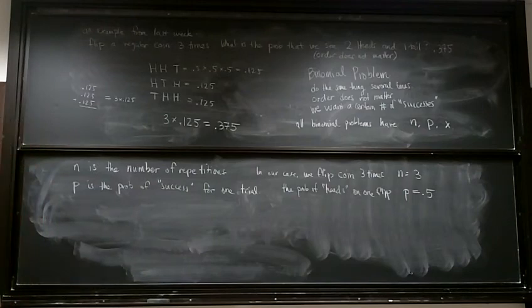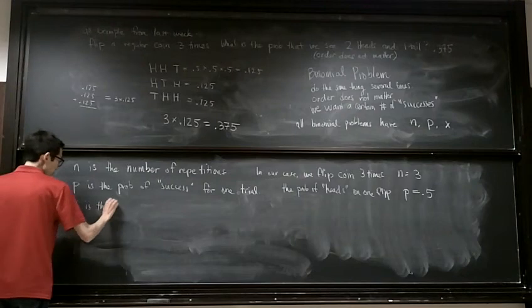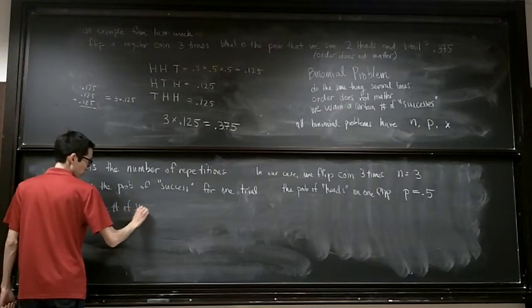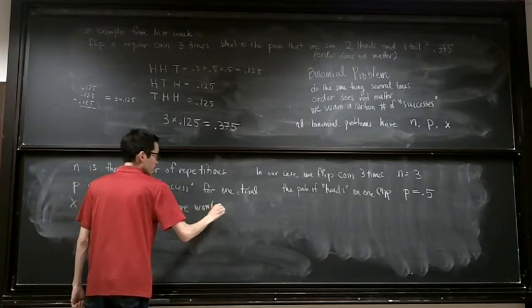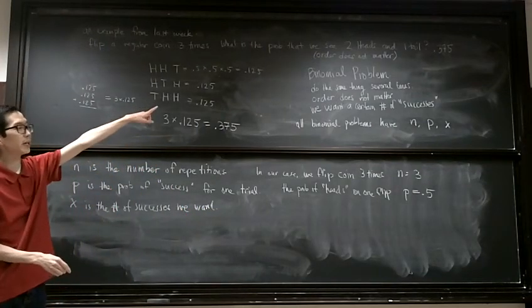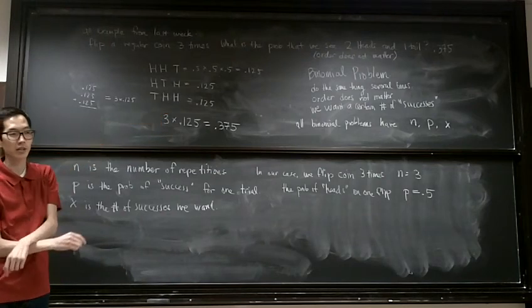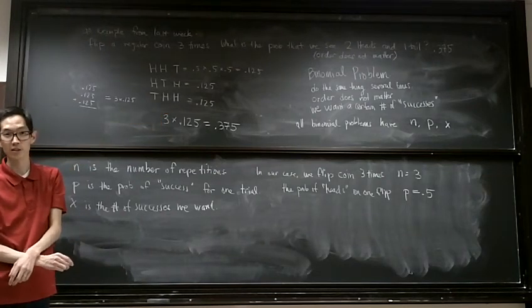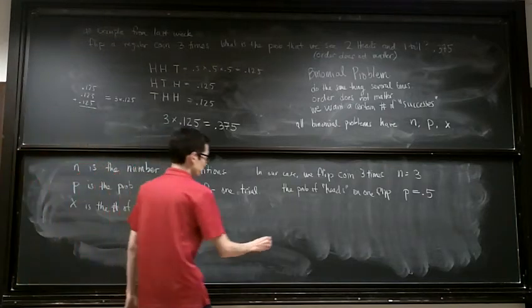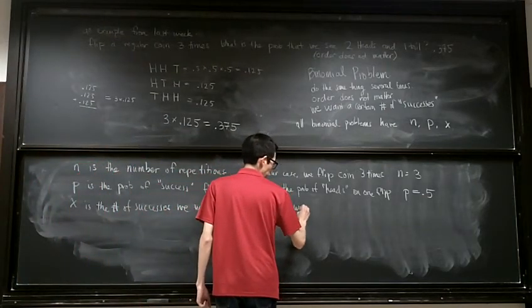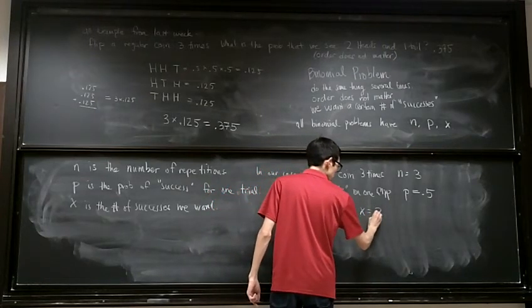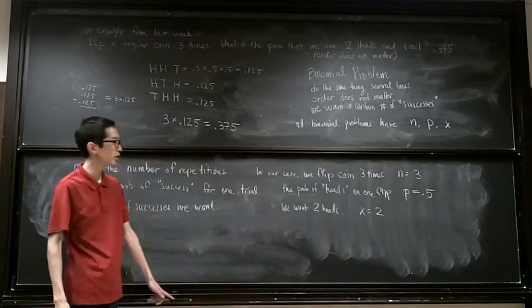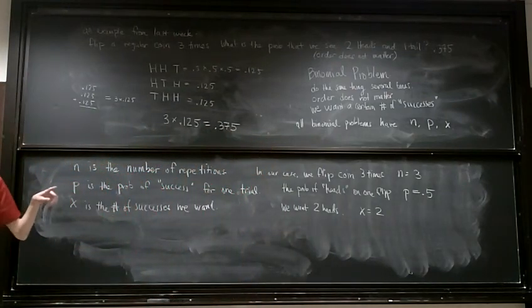And X is the number of successes we want. We want 2 heads and 1 tail, so what is the X that we want? 2. We want 2 heads, right? So X equals 2. So we have N is 3, P is 0.5, X is 2.